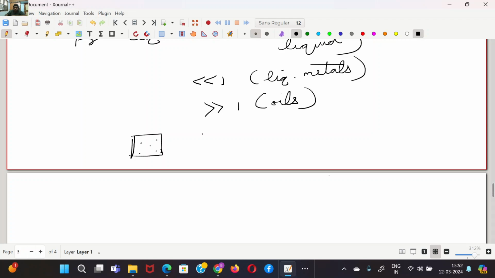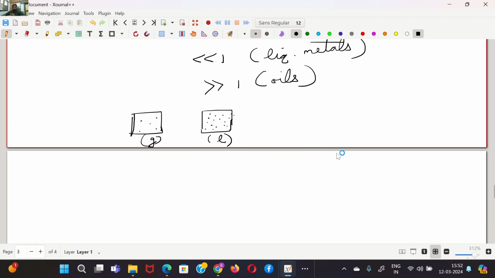Their molecular distance is quite more. For a liquid, they come close together, right? The interparticular spacing is lesser. So this is gas and this is liquid. For a solid, it will be even more tightly packed. The intermolecular distance will further reduce.